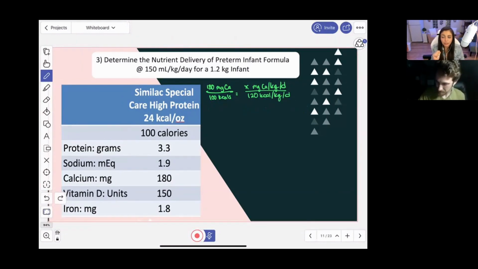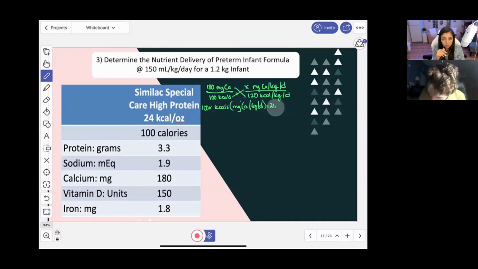And so now we're going to do our cross multiplication. So it's going to come out to 100x kcals, milligrams of calcium per kilogram per day. And then that's going to equal 180 times 120, which is 21,600 milligrams of calcium per kcals per kilogram per day.